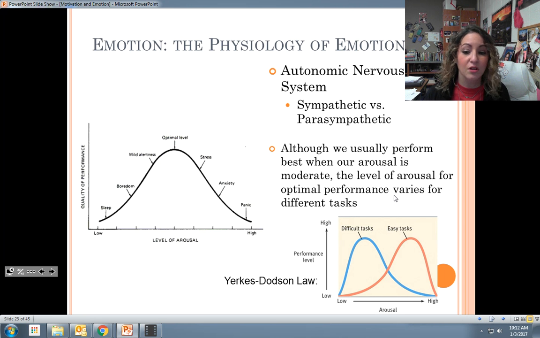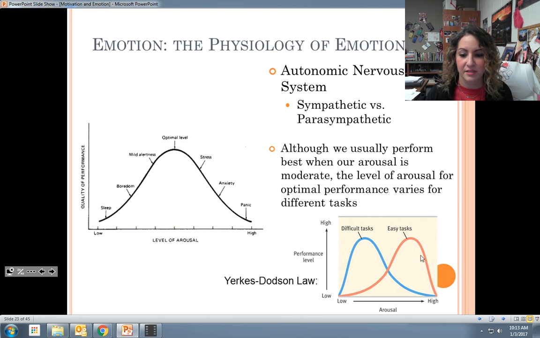Of course, for different tasks you have a different optimal level of arousal. For difficult tasks, let's say you're doing brain surgery or defusing a bomb, your level of arousal needs to be much lower than in the middle. It needs to be on the lower end.